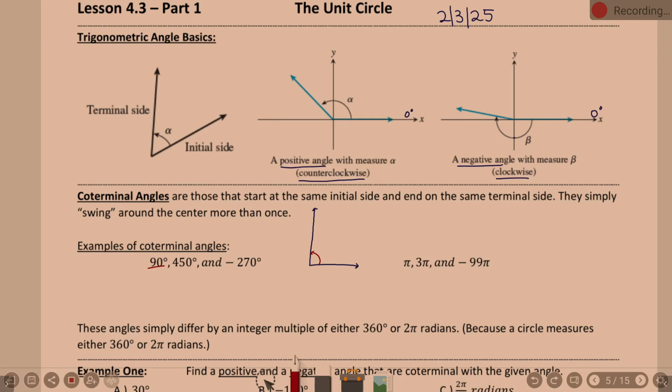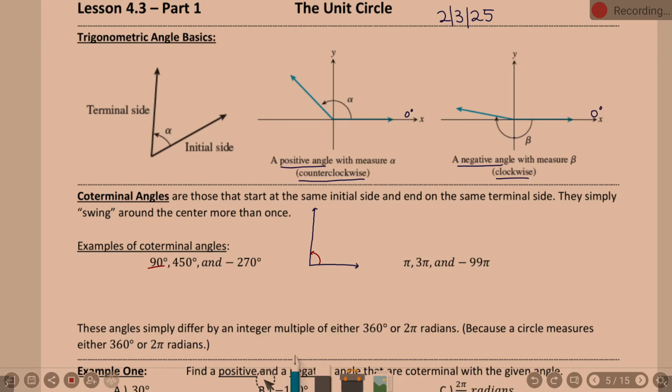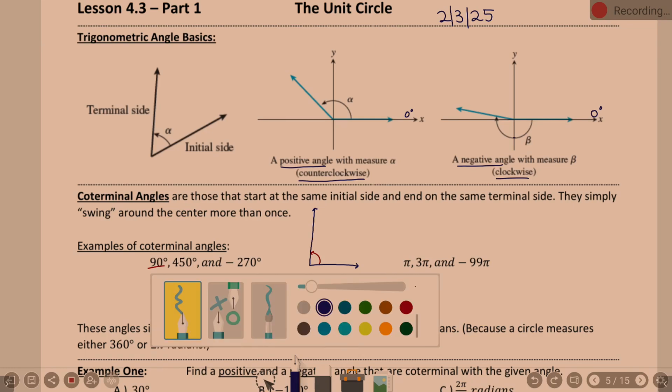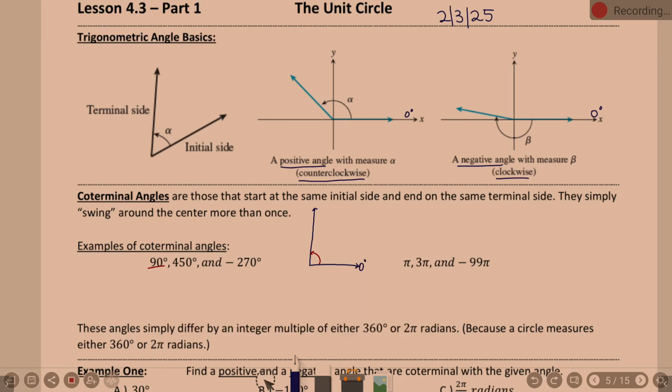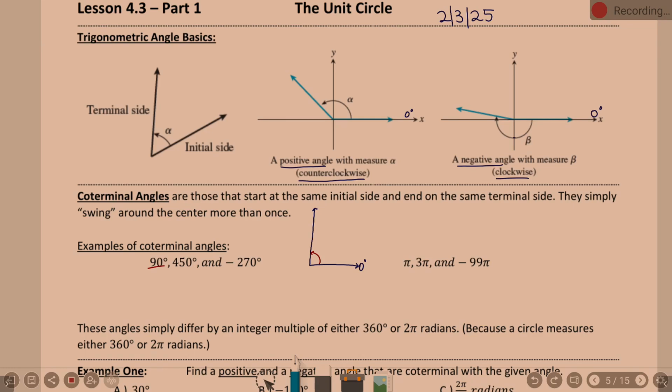So that angle is 90 degrees. Supposedly, that is also 450 degrees as well. So think this through with me. We still start here at 0, yes? This is always 0, our starting point. Right here, if I'm at here, I'm at 90, yes?